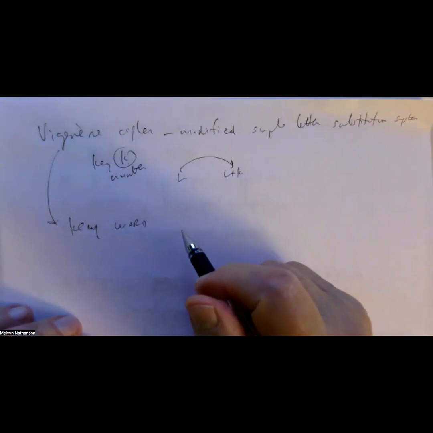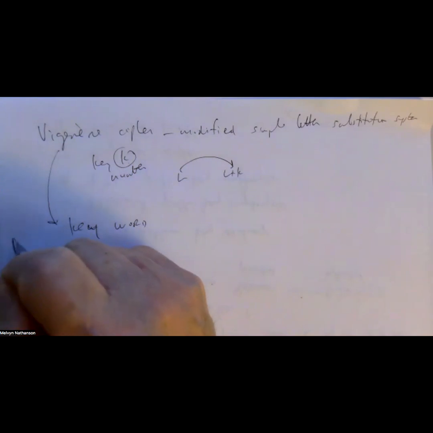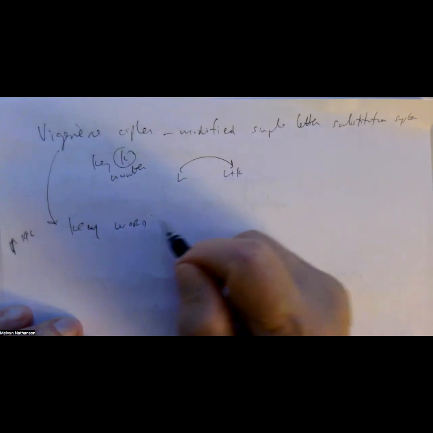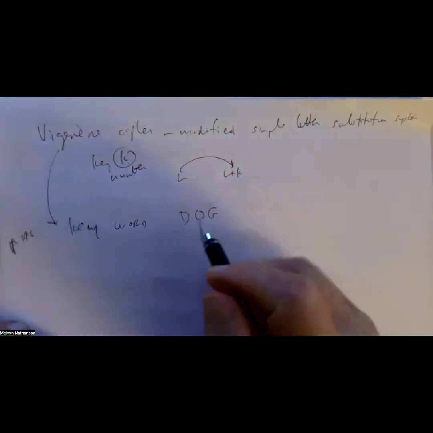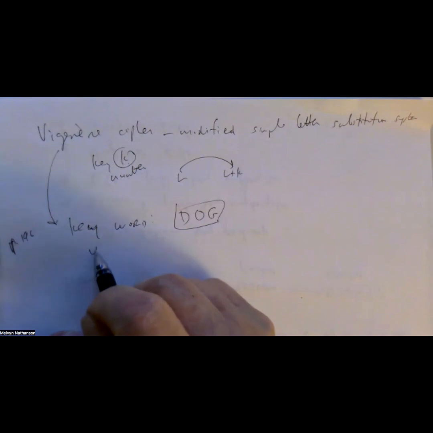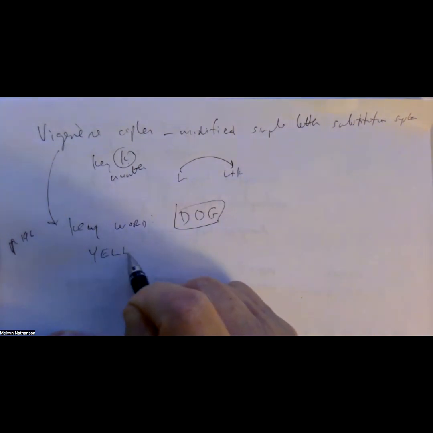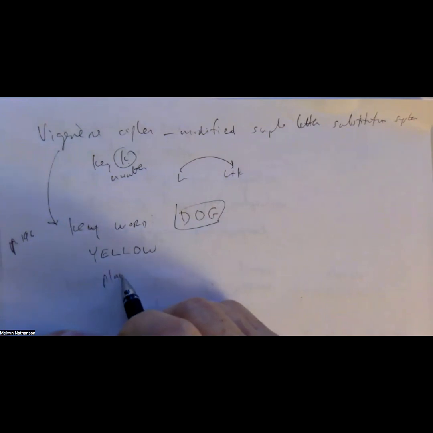The example given in the text, I'm looking now, this begins on page 196. Take the word dog. Now, this is going to be the key. So we want to encrypt a message. Suppose the message again is the same word, yellow. So this is my plain text.